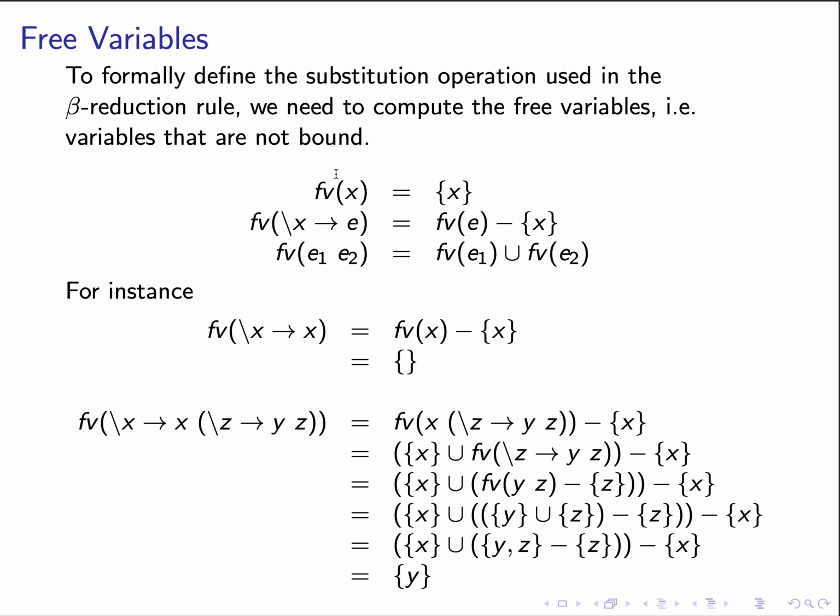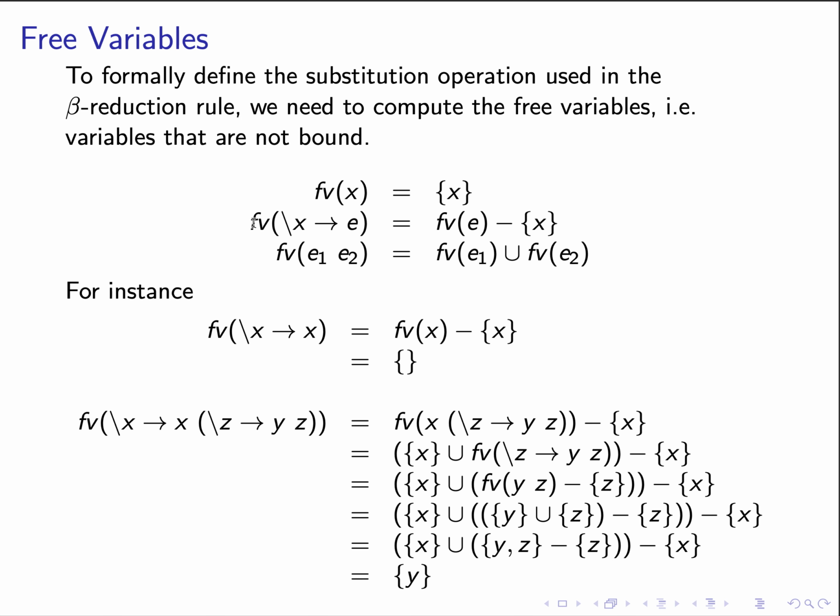If you apply fv to a lambda term, it will give you back a set of free variables. You can think of a free variable as an unbound variable, defined in the outer scope, which is not mentioned in the current lambda term. For example, if you apply free variable to x, we give you back the singleton set {x}.